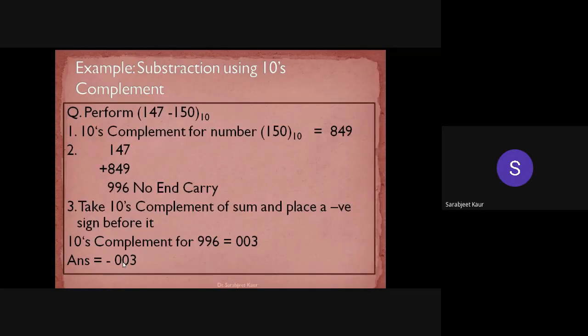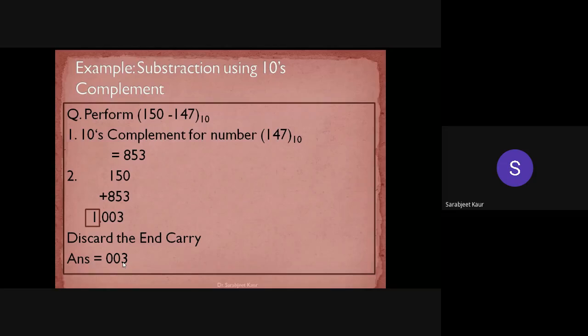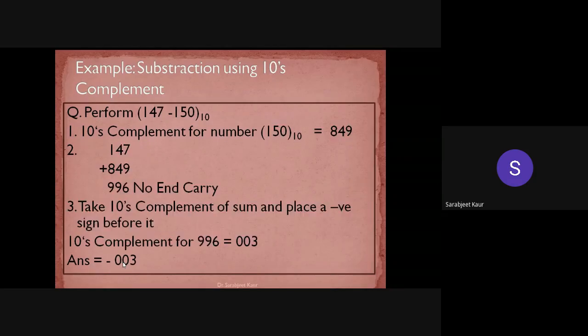Now, the same numbers, I have reversed their positions. This time, again, I'm going to take the tens complement of the minuend. This time the minuend is 150. So what would be the tens complement for 150? Let's work it out orally.